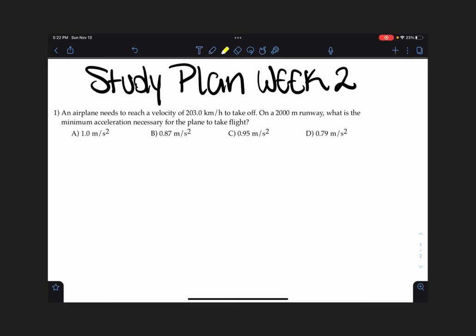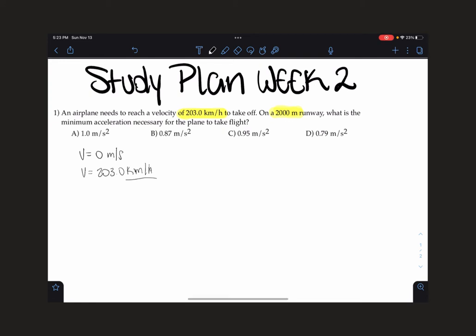So this exercise is kind of easy because we already have the position and the final velocity right here. So we have the initial velocity, which is 0 meters per second, the final velocity, which is 203 kilometers per hour.